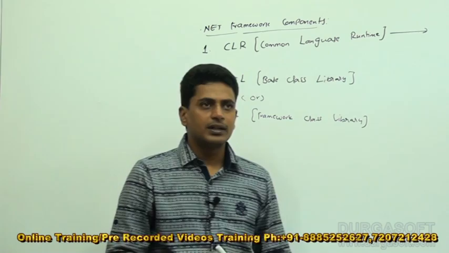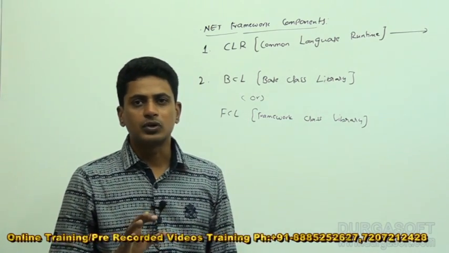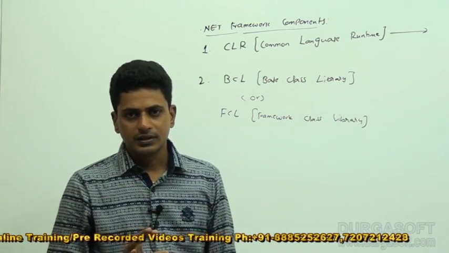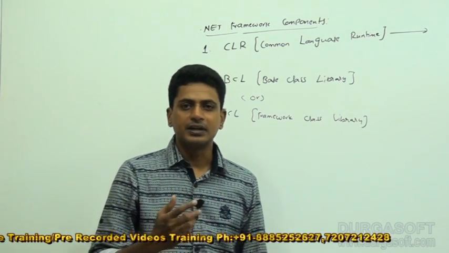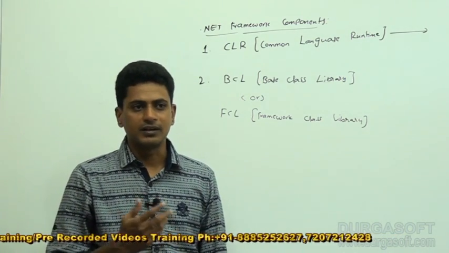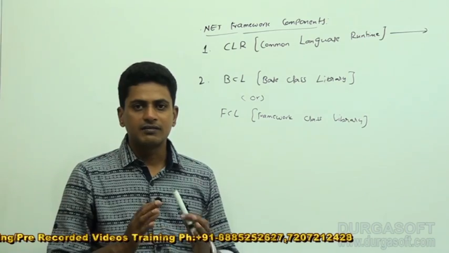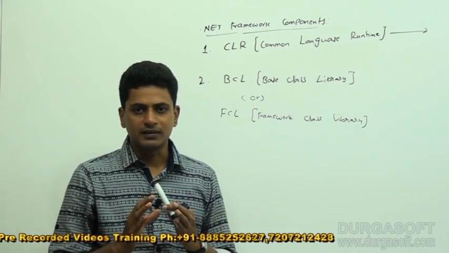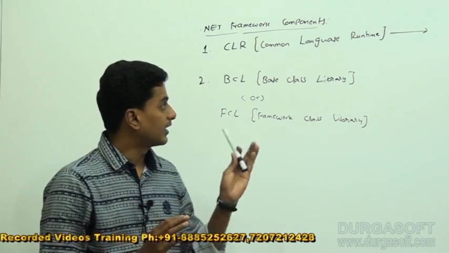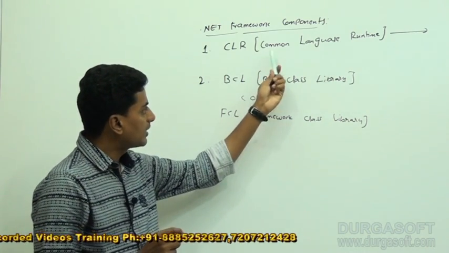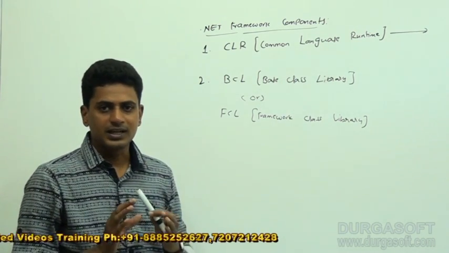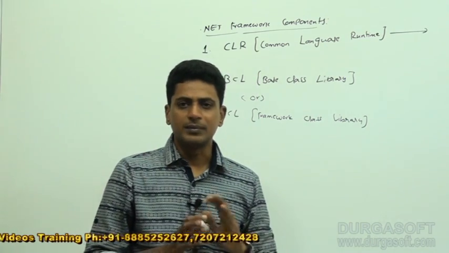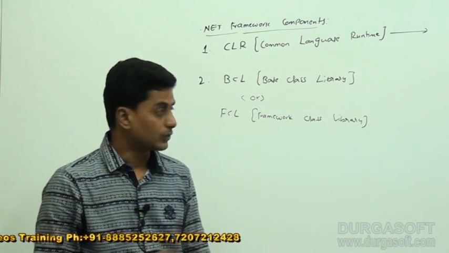Because .NET supports multiple programming languages, and programmers can choose different programming languages to develop their applications. CLR supports the runtime environment for all of them, so it is called Common Language Runtime. It supports the runtime environment for common programming languages which are supported by .NET only.